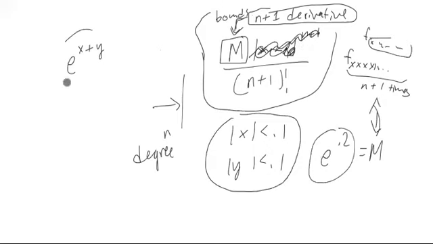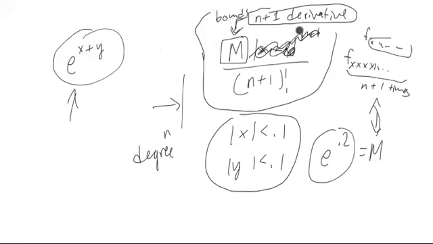In our case, this was really nice, because all the mixed partials, no matter how far you go, are always the same thing, e to the x plus y. That's an excellent choice here for an example, just because all these are the same. So we can use this as our M as bounding that. And instead of this, what do we use? It's kind of like we take all these terms, bound them all, factor out the M out of all of them, and just see what's left over.